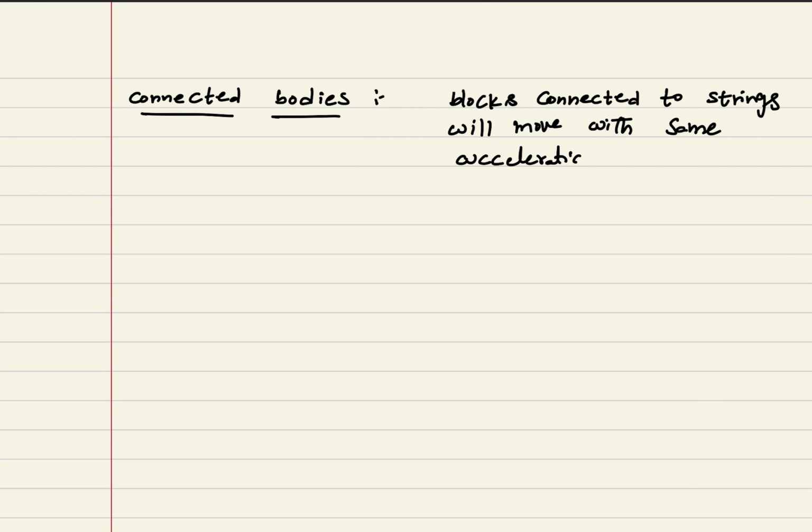Force is applied, they will move with the same acceleration. Okay. Similarly, when blocks are in contact with each other, they move together. Okay. When force is applied, the contact bodies move together.